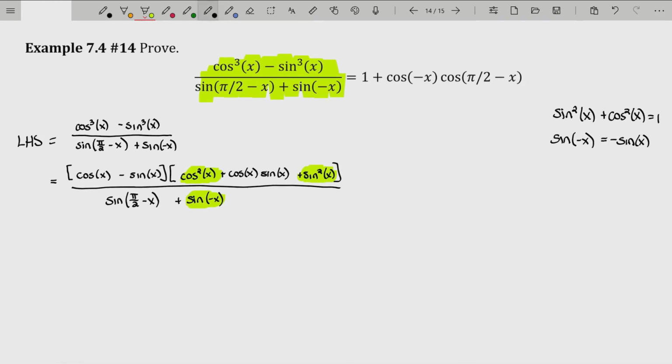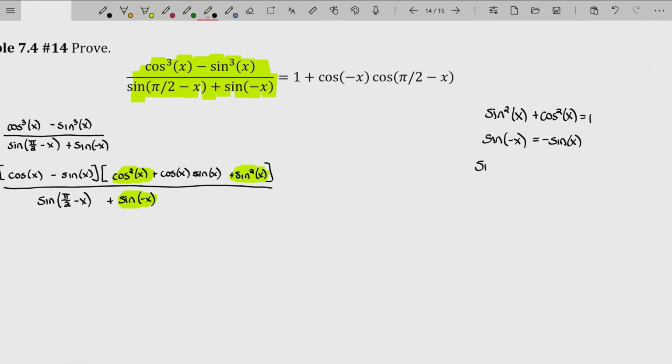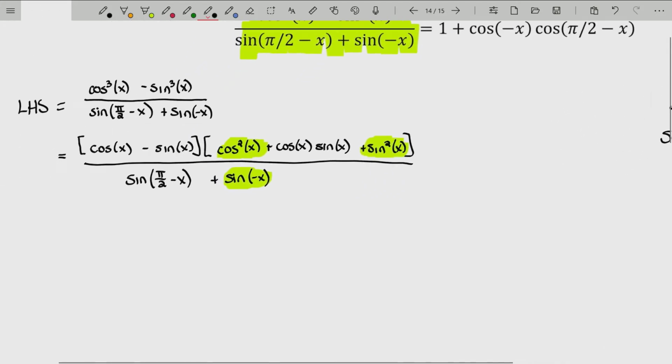We know from the cofunction identities, sine of pi over 2 minus x is the same thing as the cosine of x. In other words, cosine of an angle is sine of its complement. So I'm going to do those trades now.